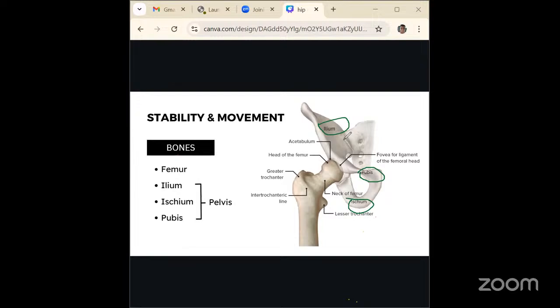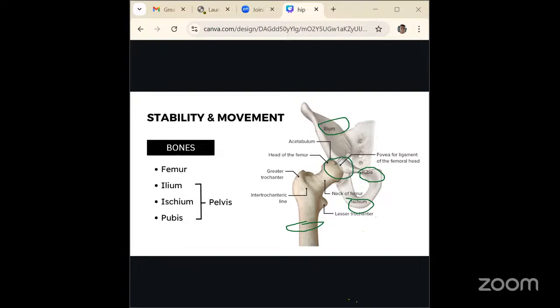So these three bones that I've just circled are responsible for the formation of the whole pelvis bone. And we can see the femur here, the almighty femur, and we can see the head of the femur.